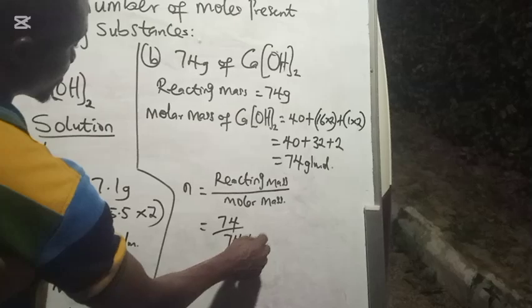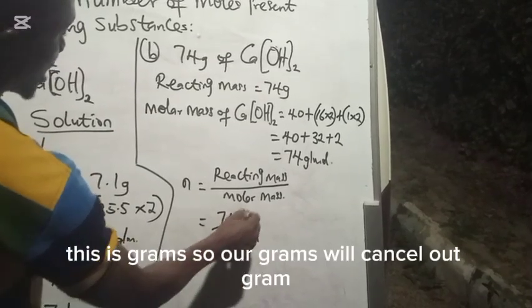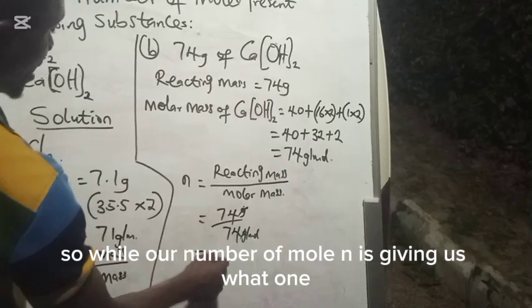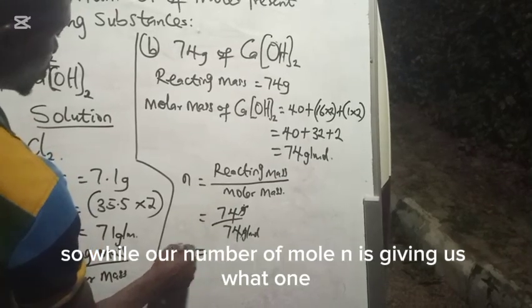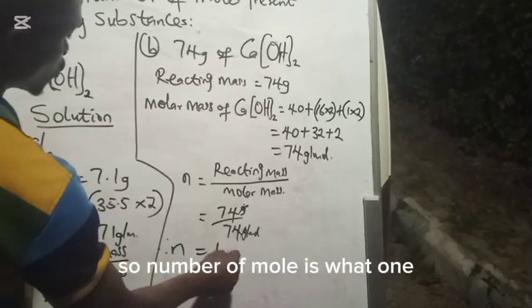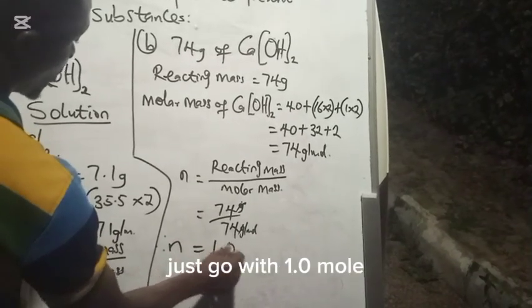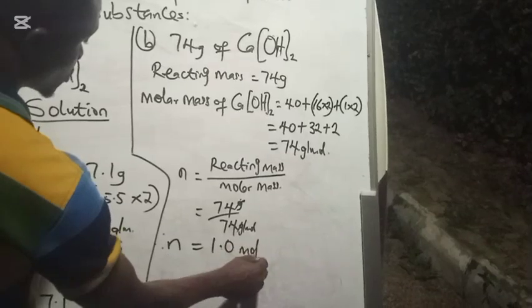The grams will cancel out gram. So our number of mole N is giving us 1. Just go with 1.0 mole.